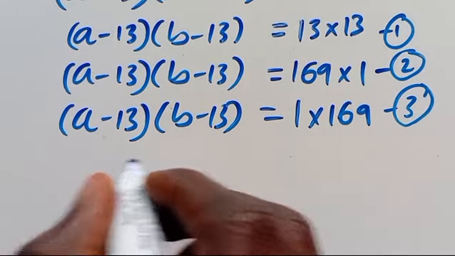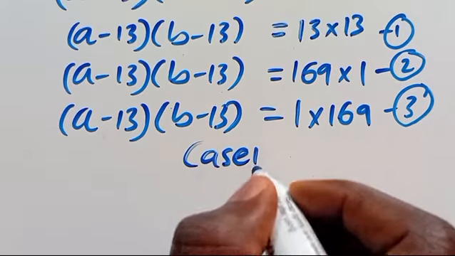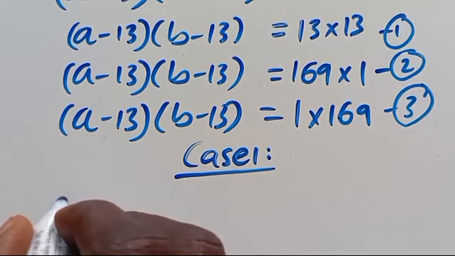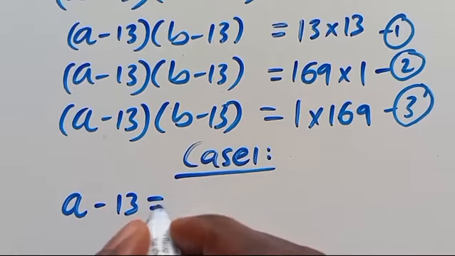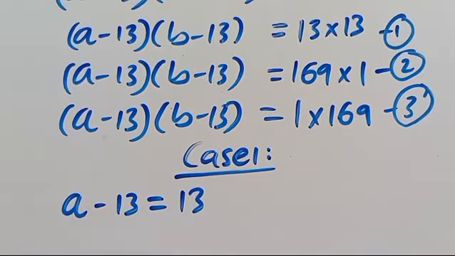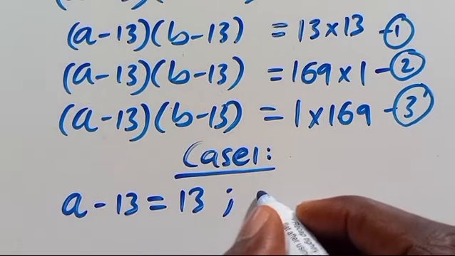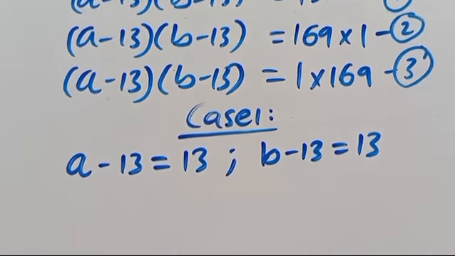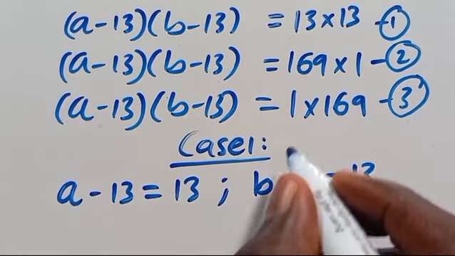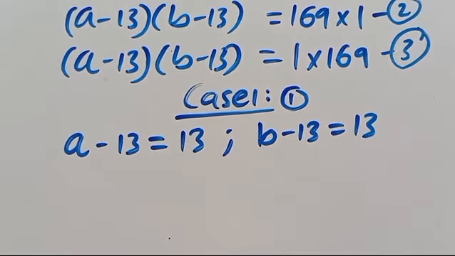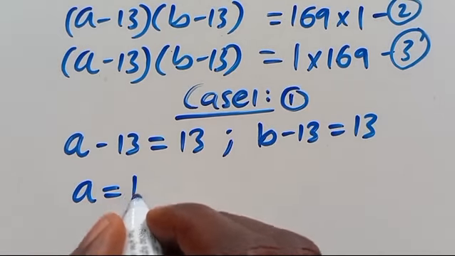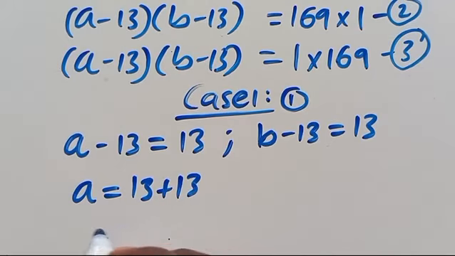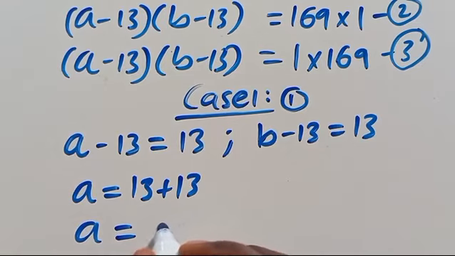Let's say when we see case 1, we have a minus 13 equals 13. Then we have b minus 13 equals 13 from equation 1. So we have a equals 13 plus 13, which will be 26.